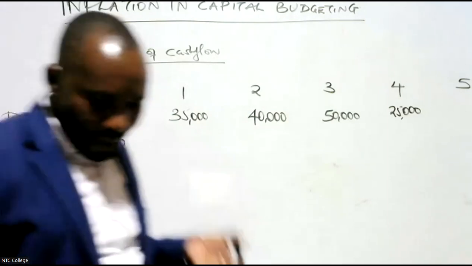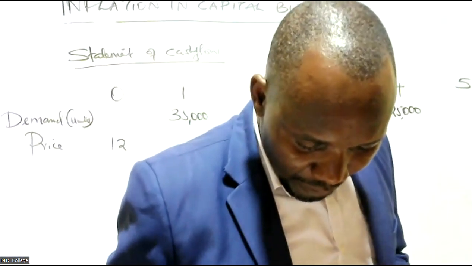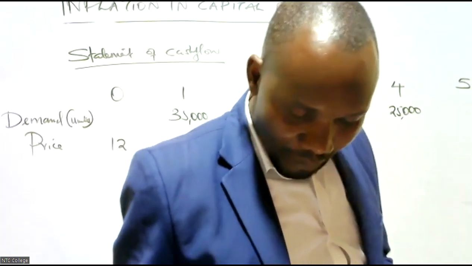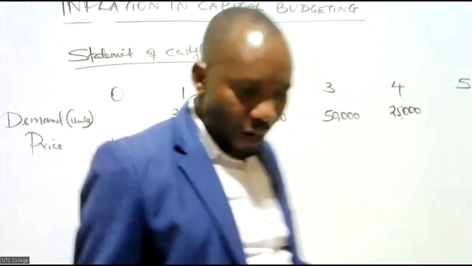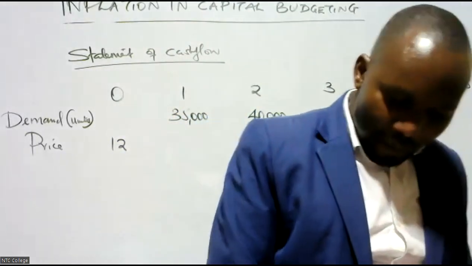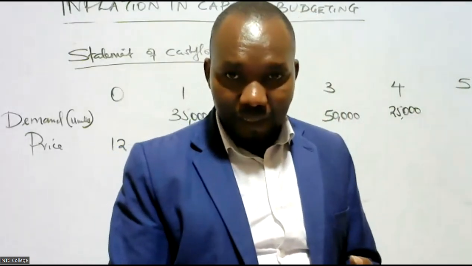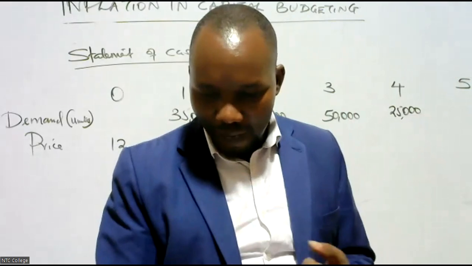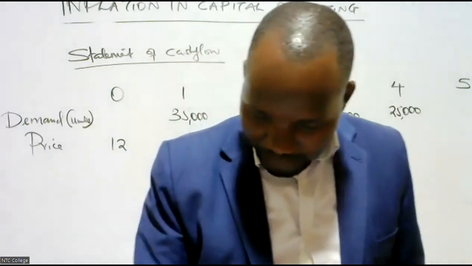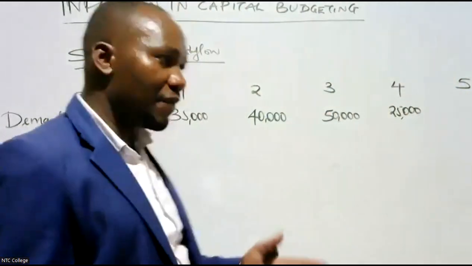Now we are told that the selling price will be increasing at 3% per year. So year 1 it is 3%. Year 2, it increases by 3% again. Year 3, another 3%, like that until the last year, year 4, because we are making sales every year.